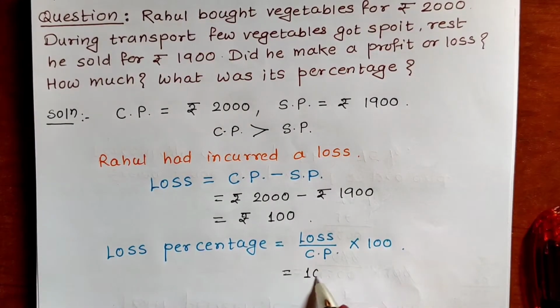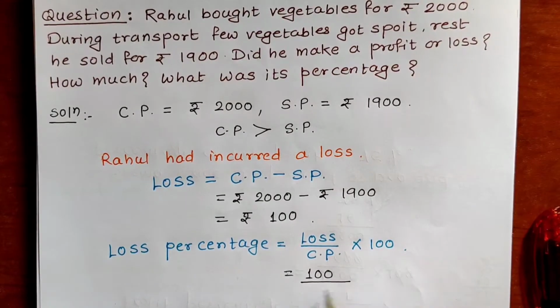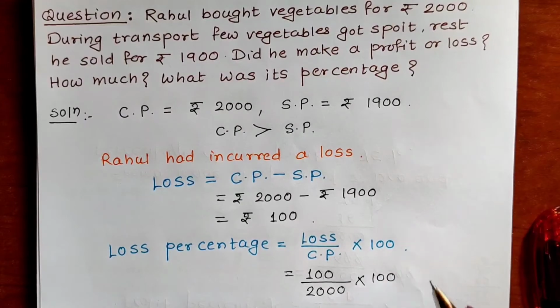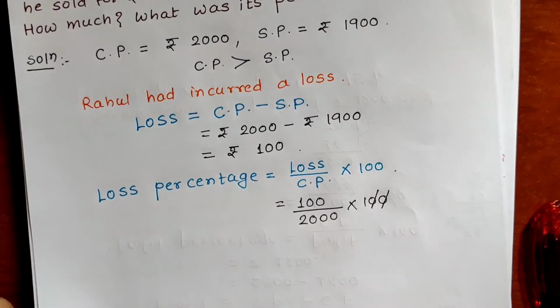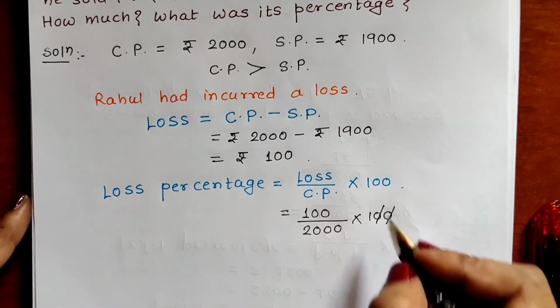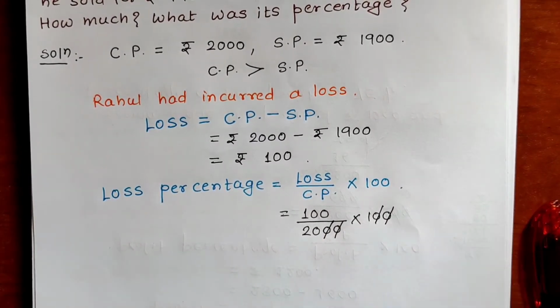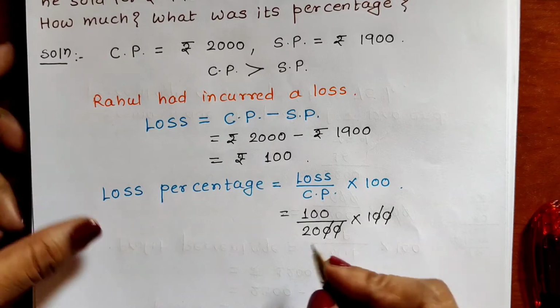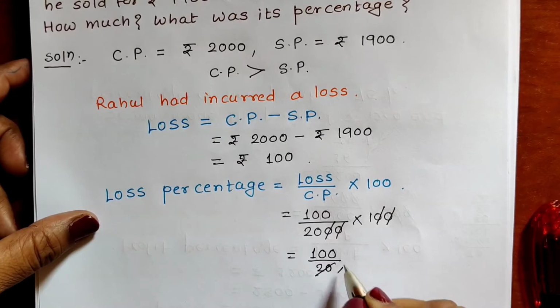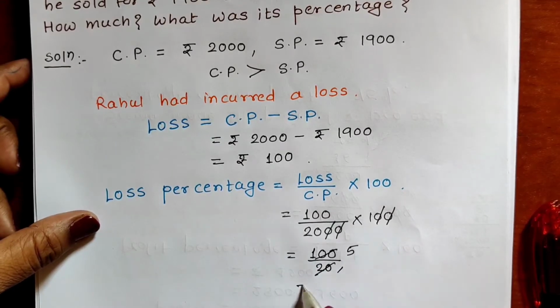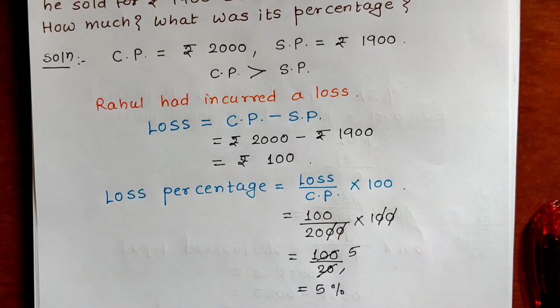Loss is 100, CP is 2000, multiplied by 100. What we have to do? Cancel the two zeros from 100 with the two zeros from 2000. What is remaining? 100 upon 20. 20 fives are 100. So what is percent loss? 5%. In this way we can get percent loss and loss.